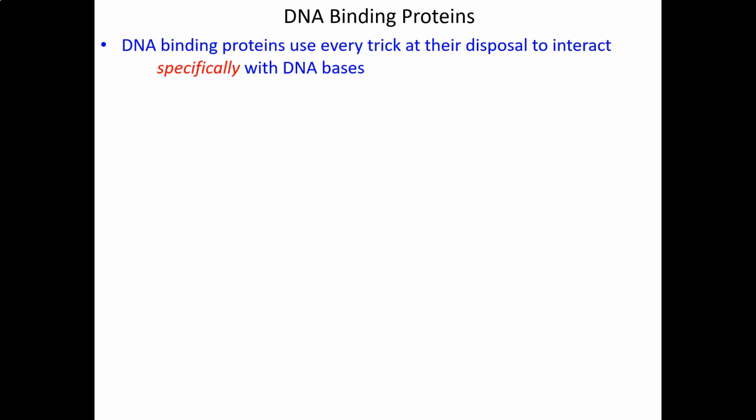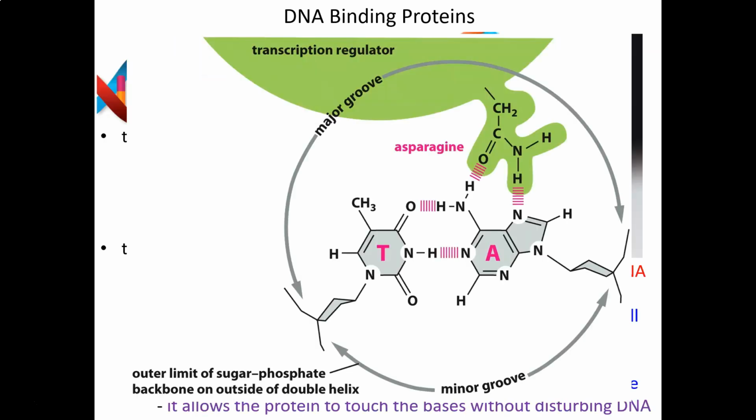So really what these transcription factors are doing, what all DNA binding proteins are doing when they bind to DNA with specificity, is they're taking examples of these interactions, but they're stretching them along many, many sequences. So if we imagine that the next base is a guanine, and another amino acid of this protein is interacting with the guanine through different non-covalent forces. And then we think of another base along that sequence as a thymine, and the transcription factor has an amino acid that can interact with that thymine.